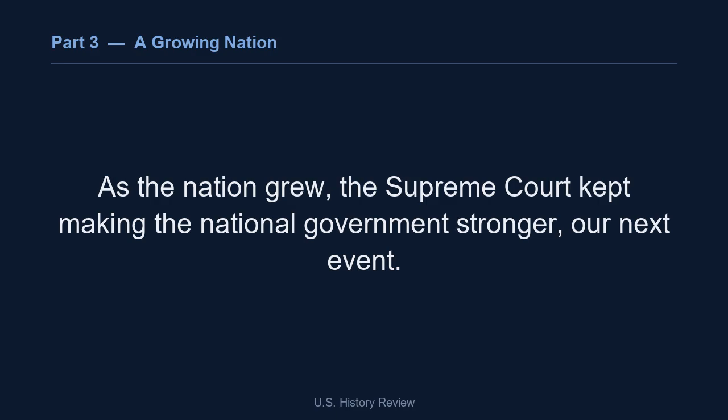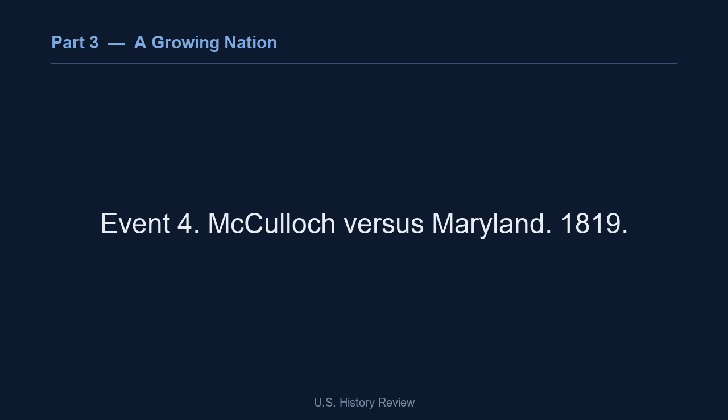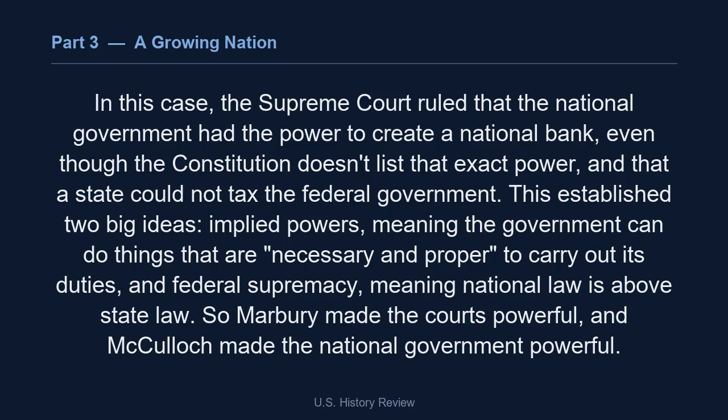As the nation grew, the Supreme Court kept making the national government stronger. Our next event. Event 4. McCulloch versus Maryland. 1819. In this case, the Supreme Court ruled that the national government had the power to create a national bank, even though the Constitution doesn't list that exact power, and that a state could not tax the federal government.